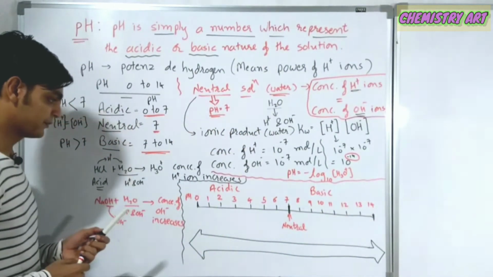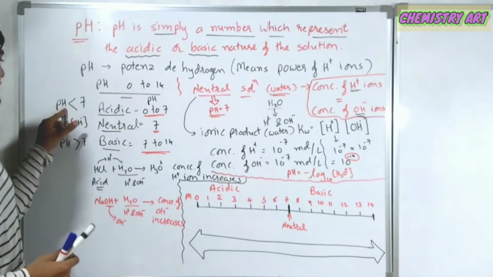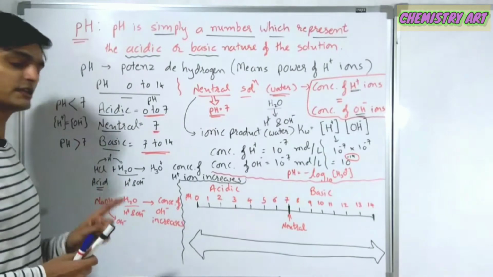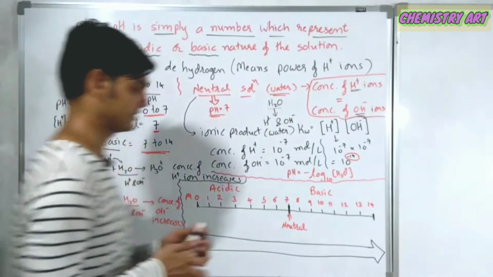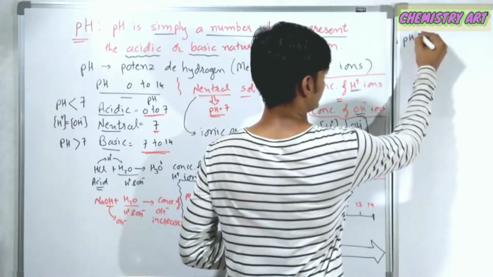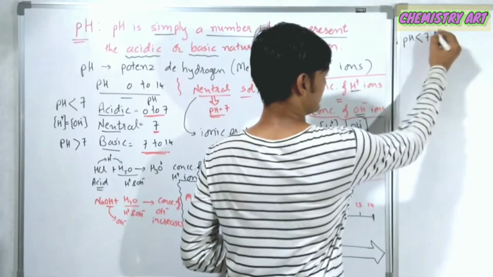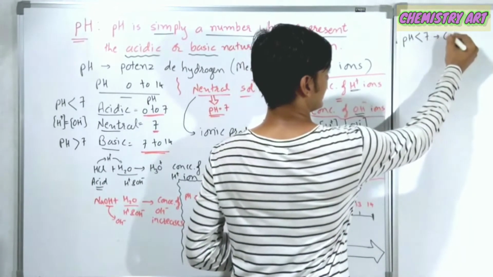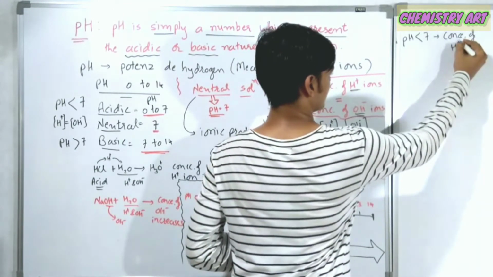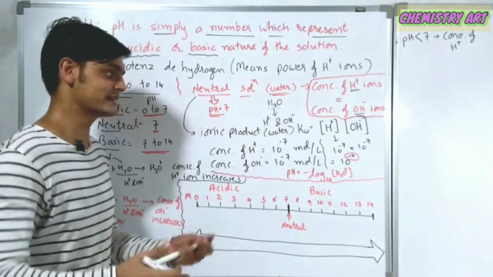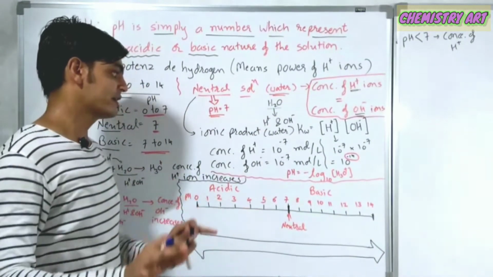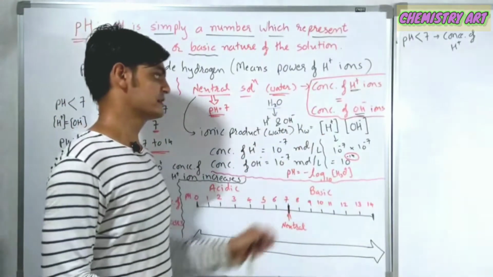Now, what I told you: if pH is less than 7, it means the concentration of H plus is increasing. Increasing from where? As you know, the concentration of H plus is 10 to the power minus 7.